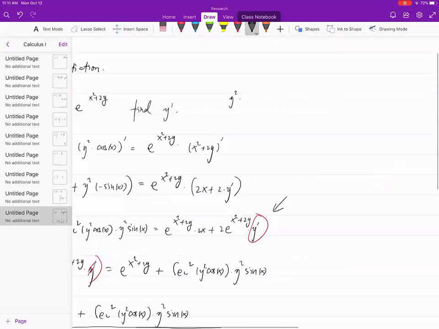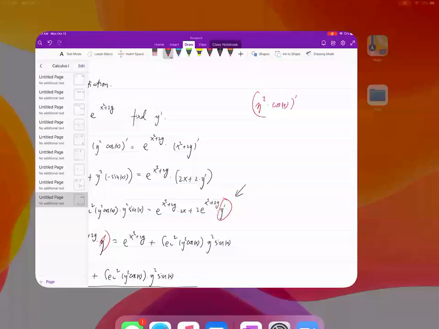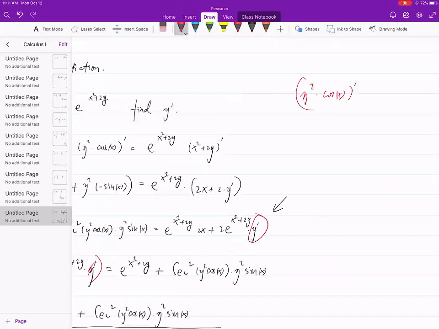Basically, what you're trying to do is y squared times cosine x prime, right? Do you agree this is a multiplication, which we should apply the product rule to? Yes. So it's going to be y squared prime times cosine x, plus y squared times cosine x prime. That's where the y squared comes from. You have two terms. Got it. Makes sense.